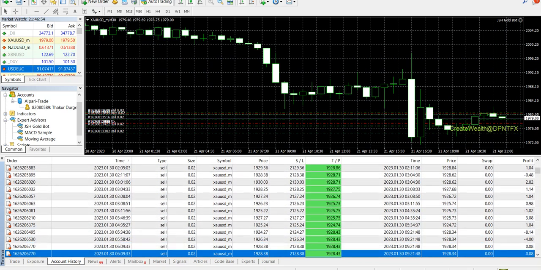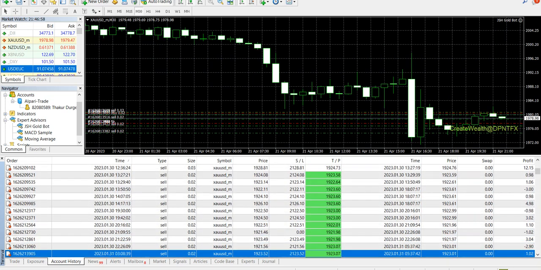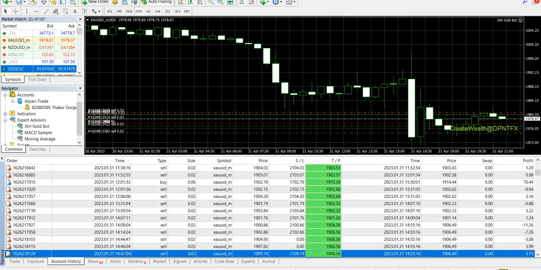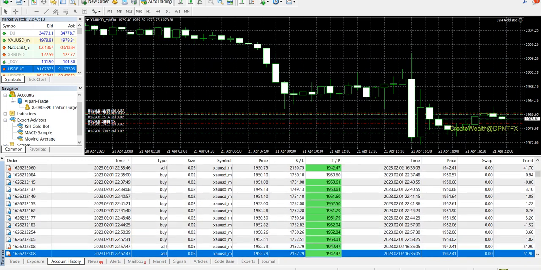This expert advisor works better on the 30 minutes time frame, and there is another expert advisor, AGS, that is Auto Gold Scalper. That is a scalper EA that works on the 1 minute time frame. For that, at least 10,000 USD or US cents is suggested, and for this one minimum 5,000 for 0.01 lot size.